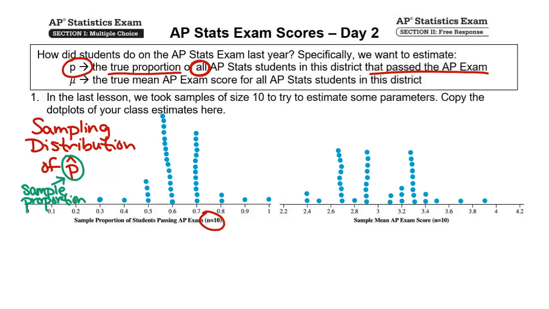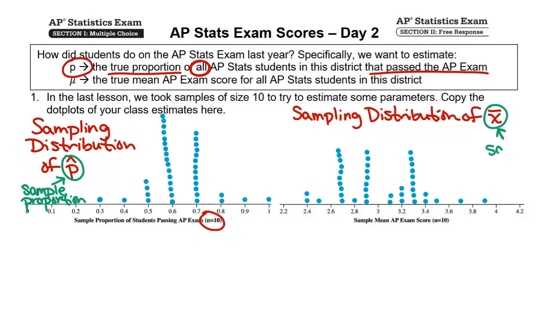This graph over here, the one on the right, is the sampling distribution of X bar. If p hat is a sample proportion, what does X bar mean?